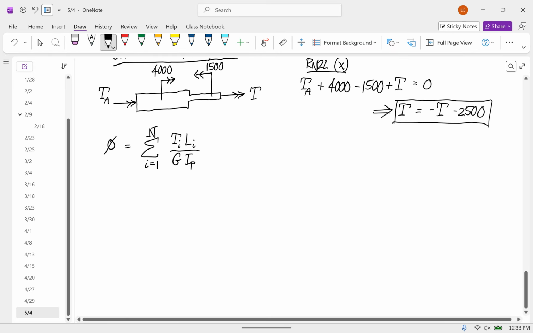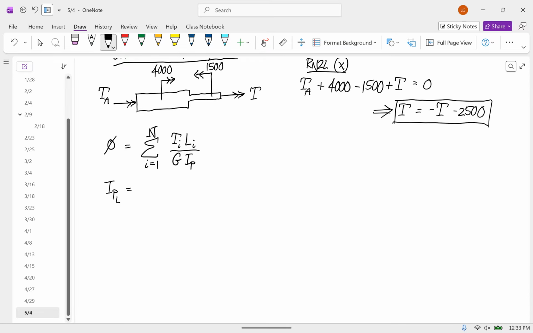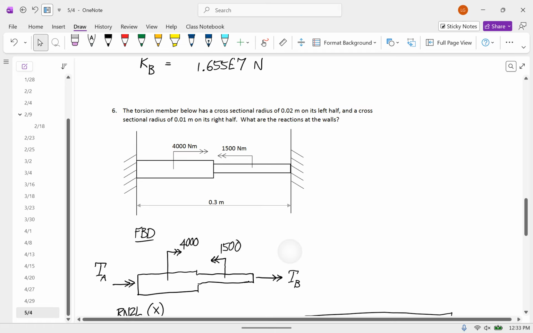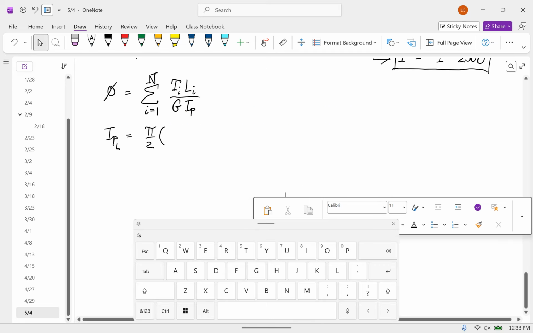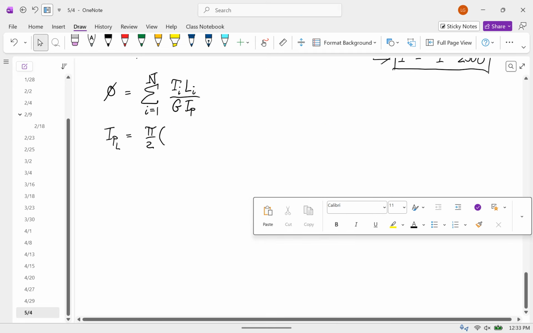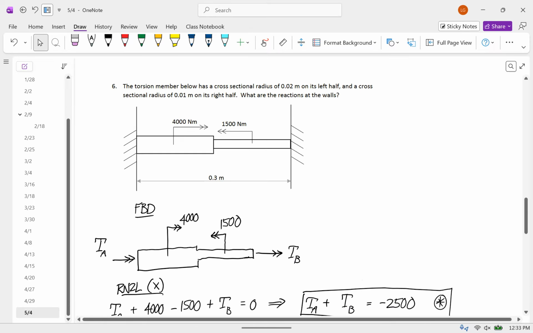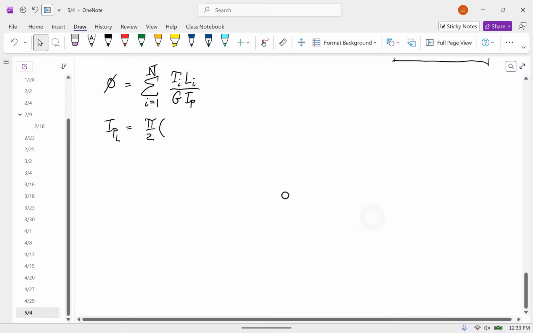Okay, so the polar moment of inertia for the left is pi over 2 times the radius to the 4th. So on the left part, that is 0.02.